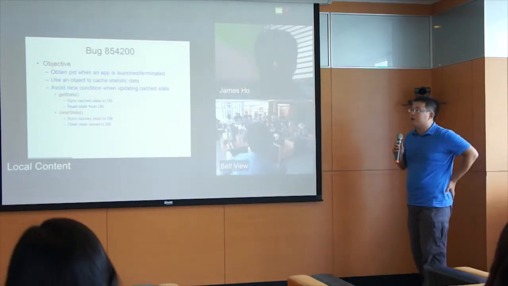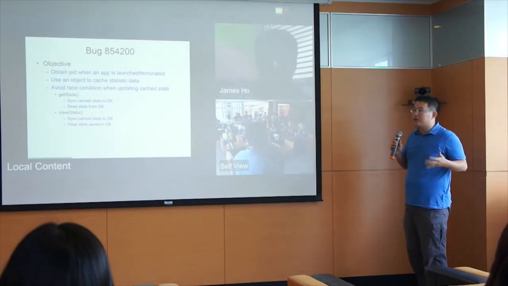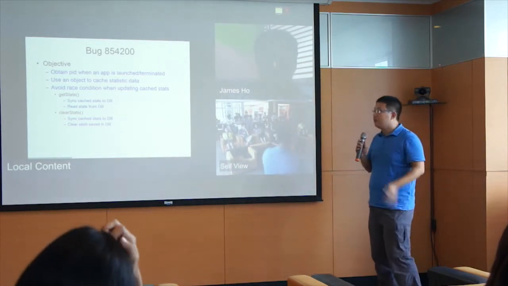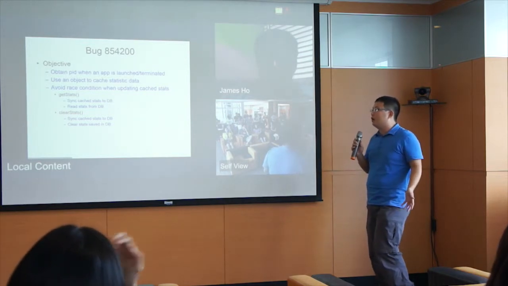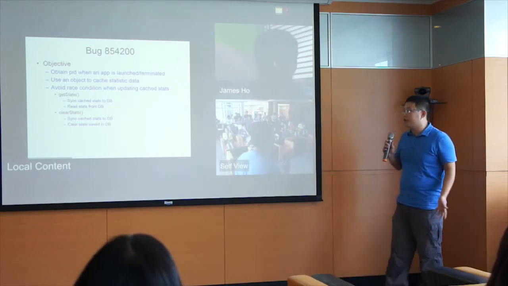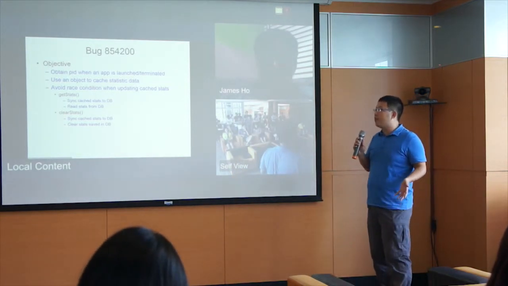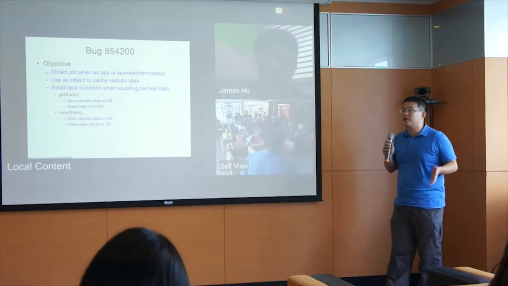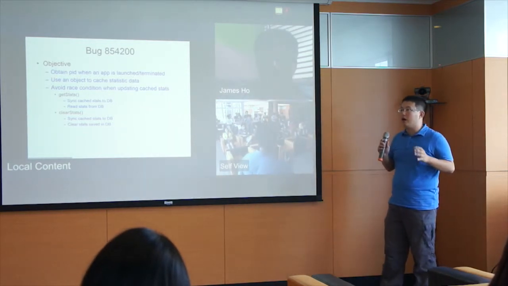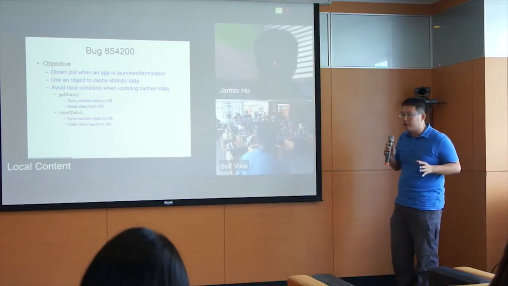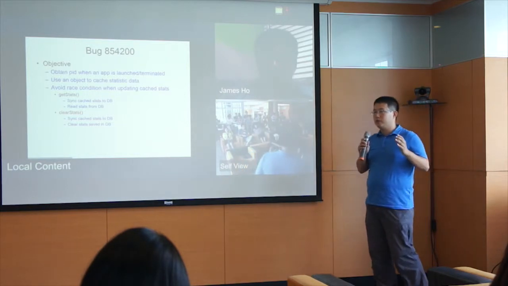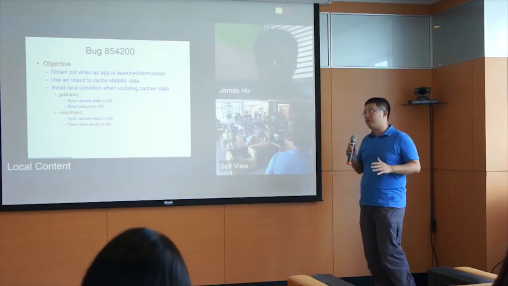Okay, so the third and last part is that I'm starting to work on measurement of power consumption. So in this part, I will try to get the app ID when an app is launched or terminated. And I also use an object to cache statistics data because I want to store the resource statistics reported from other components like CPU or Wi-Fi, and sync them to a database at some point of time.